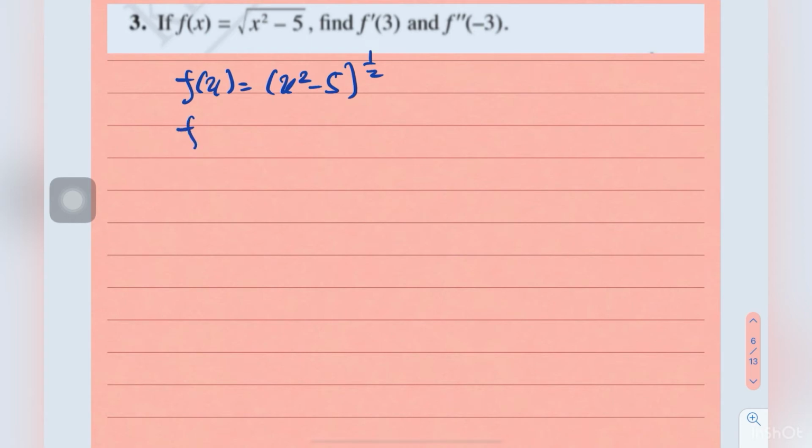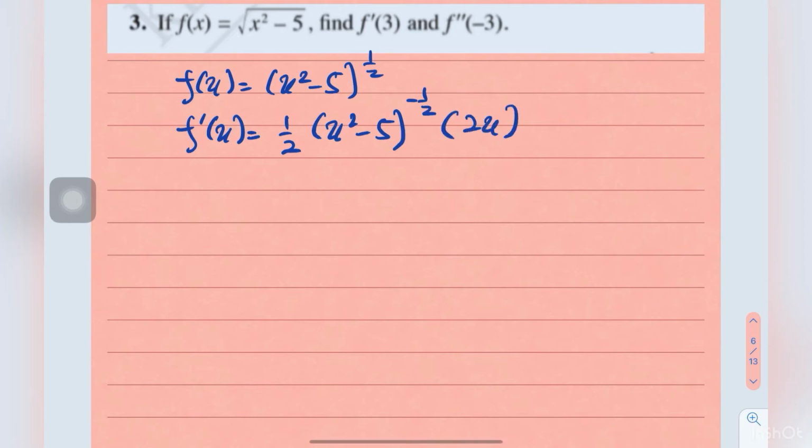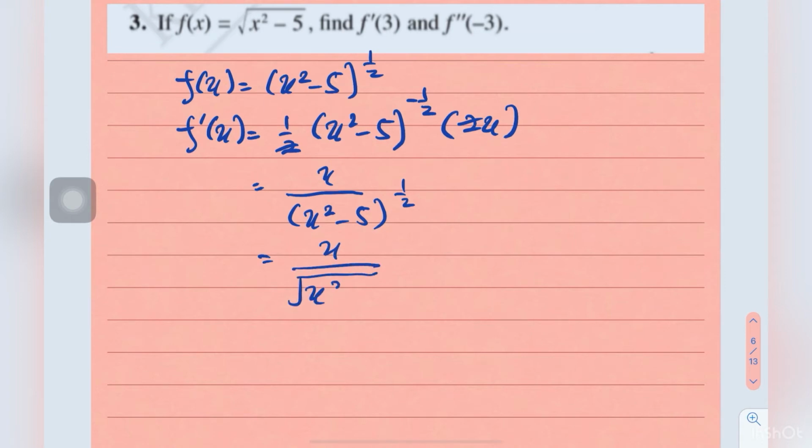F prime x equals 1 over 2 times x squared minus 5 power of negative 1 over 2 times 2x. We simplify and get x over x squared minus 5 power of half. Power of half is square root, so x over the square root of x squared minus 5.